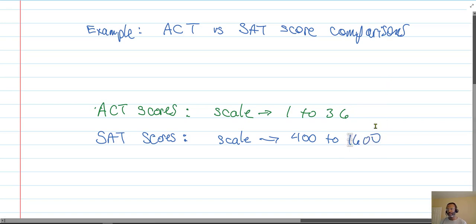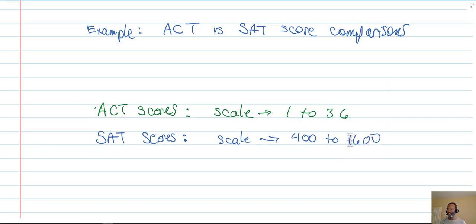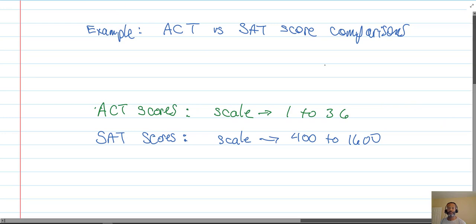For example, is a score on the ACT of 27 any better than a score of 1318 on the SAT? Which one of those is better between the two, right?